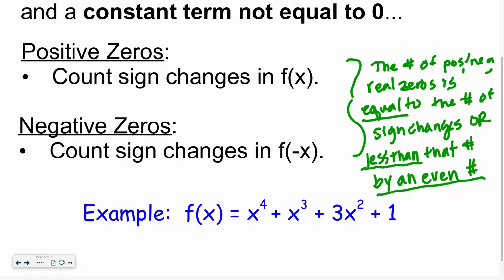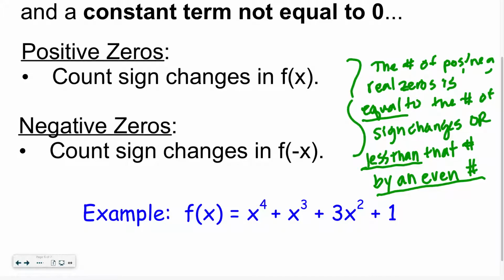Maybe there are 2 positive real zeros, but maybe the zeros are actually imaginary and there are 0. If you get 3 sign changes, you would say 3 or 1. And as you keep going up, you have to keep going down the list. So 4 would be 4 or 2 or 0, because there could be 4 imaginary zeros as well, so then you wouldn't have any positives. So always remember that you have to count down by 2s.